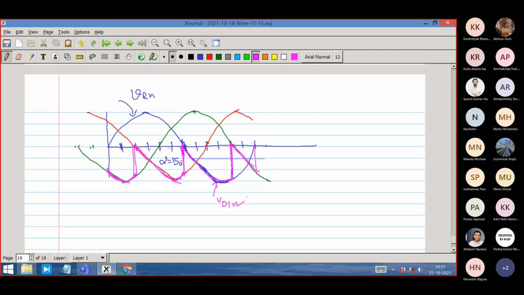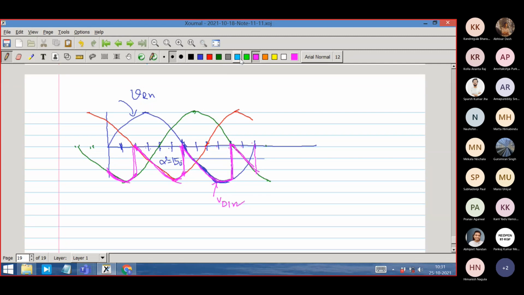And now we'll do it for the bottom thyristors. For the bottom thyristors, this is 0 degrees, and I will go 5 divisions, 1, 2, 3, 4, 5. So 5 divisions implies that I am firing here.